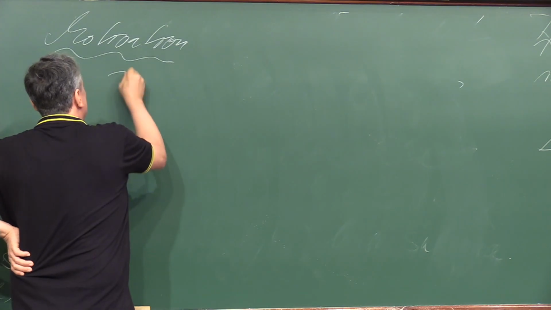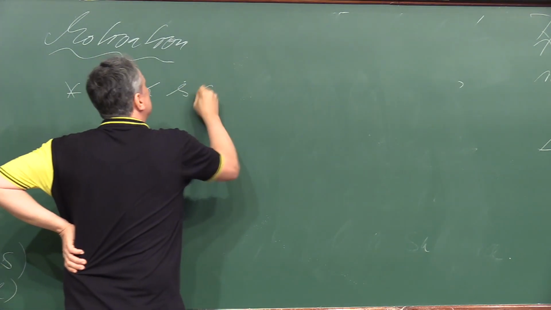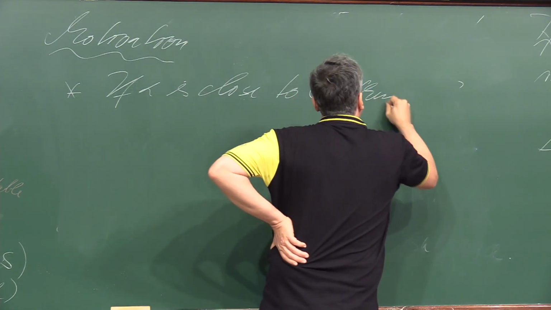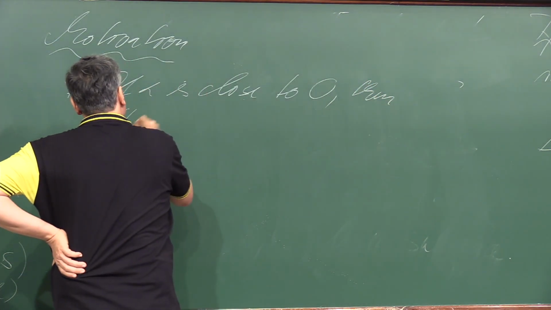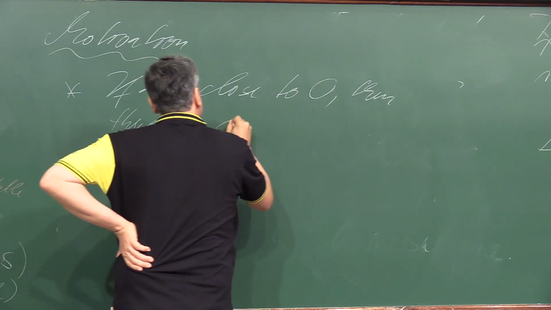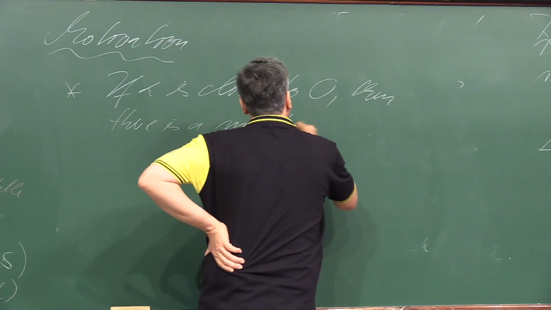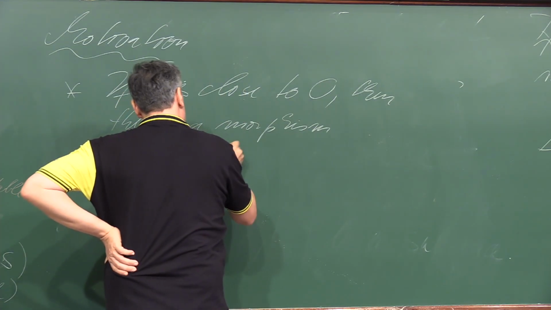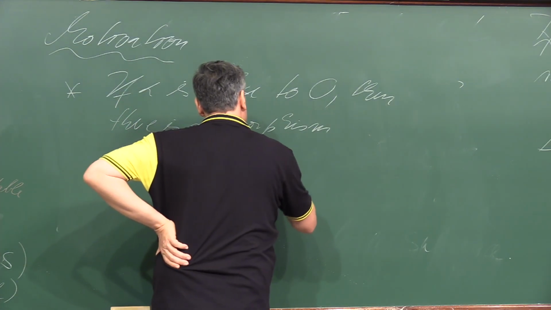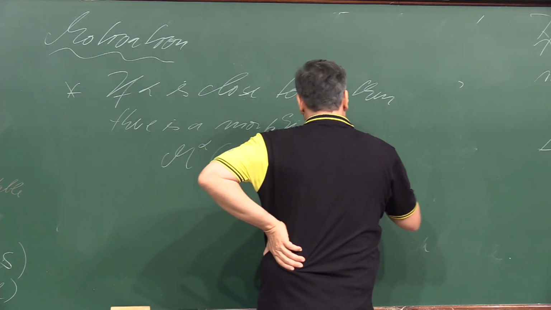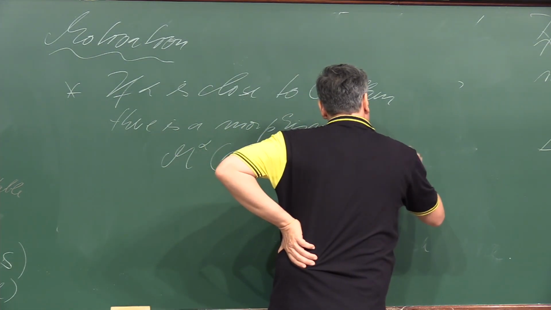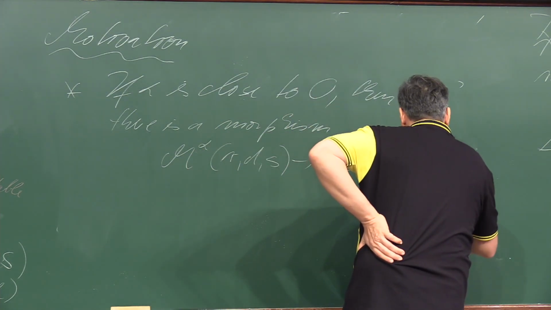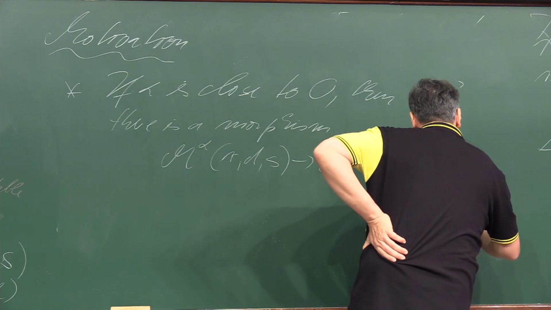So if alpha is close to 0, then there is a morphism from the moduli space of alpha semi-stable pairs and coherent systems to the moduli space of semi-stable vector bundles of rank R and degree D.